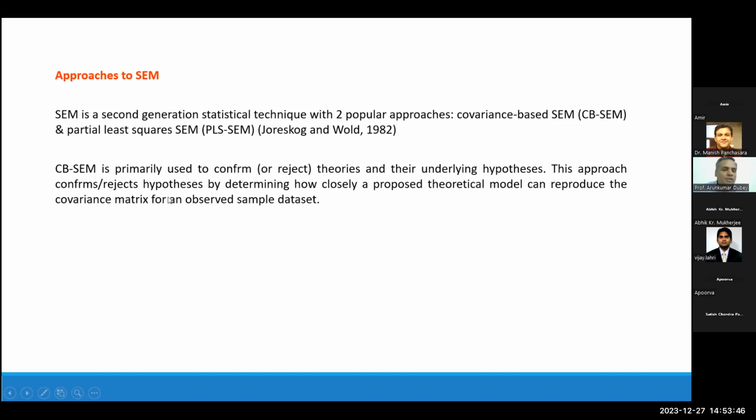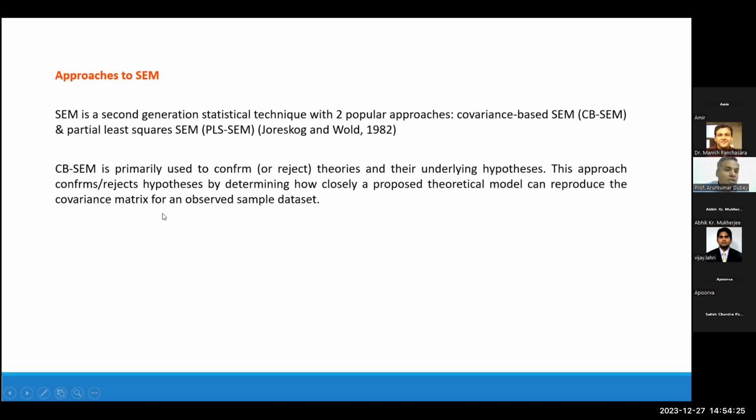So what is the use of CB-SEM? It is used to confirm or reject theories. Let's say a theory which is already established. Drawing inference from that theory, you came up with your own model. Now you want to test and validate this theory. If your goal as a researcher is to validate or confirm a particular theory, to put it simply, let's say social exchange theory, in your model you want to test social exchange theory, then CB-SEM is the preferred option.